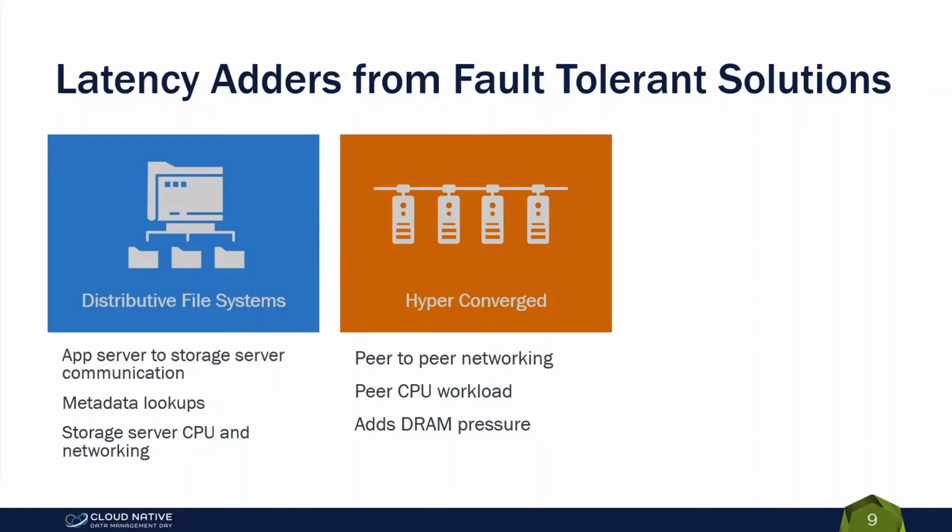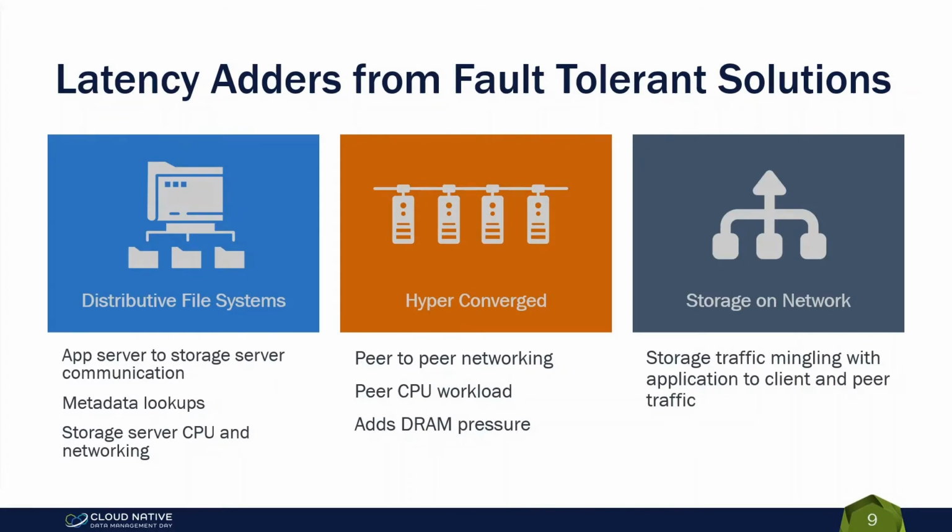Hyperconverged infrastructure can aggregate either block or file. Either way, data resiliency comes at the cost of adding network, CPU, and DRAM resources to the mix. Either of these solutions can be deployed with a private storage network or not.